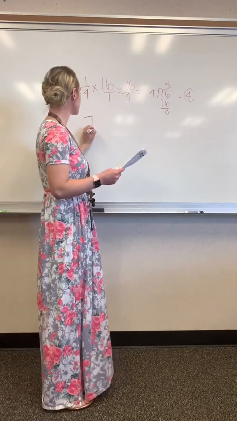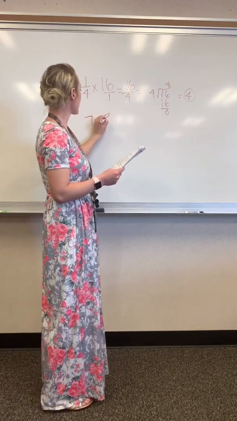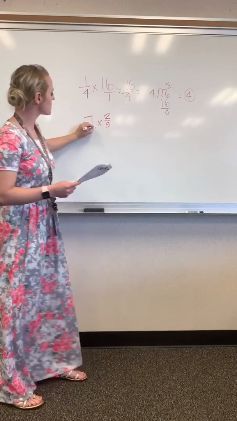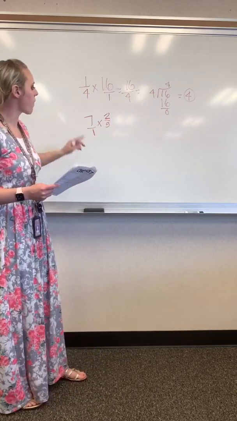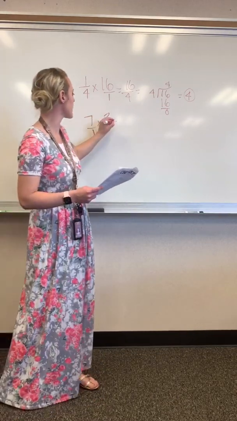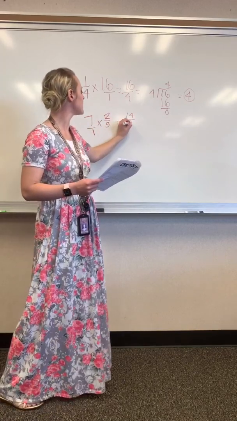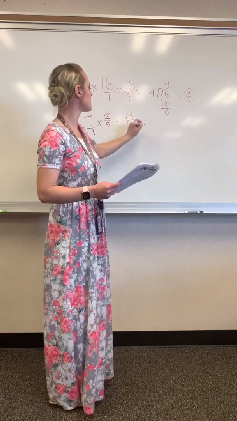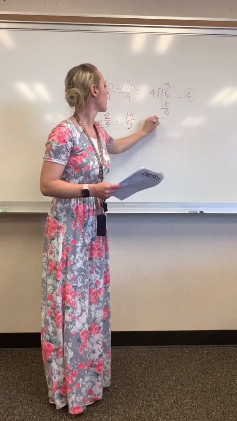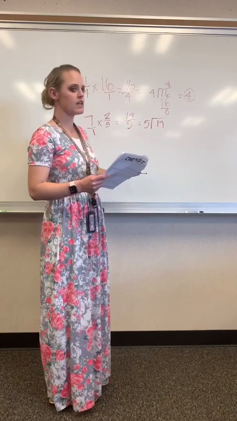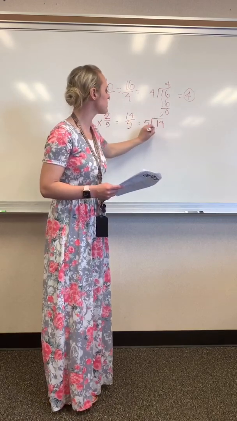Okay, and then we do the same thing for the second one. There's always going to be an invisible 1 underneath. Then we're going to multiply straight across. 7 times 2 equals 14, 1 times 5 is 5. We're going to simplify. 5 can go into 14 2 times.